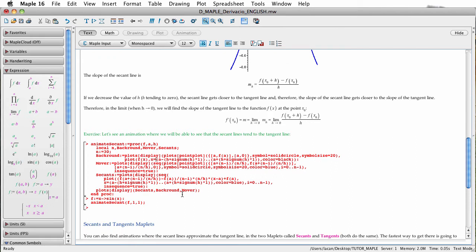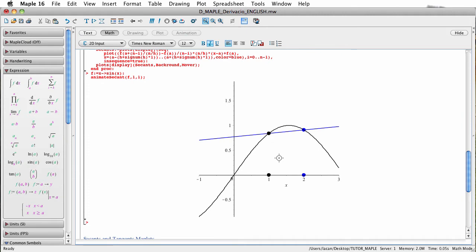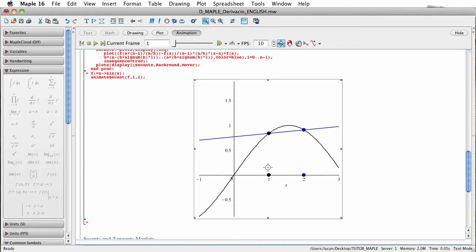Just to see the animation, execute, so press Enter at any point in these 2 lines. Here you will have an animation where our objective is to compute the slope of the tangent line at the point 1. So to do this we take point 2, so the h is going to be 1, and we compute this slope.